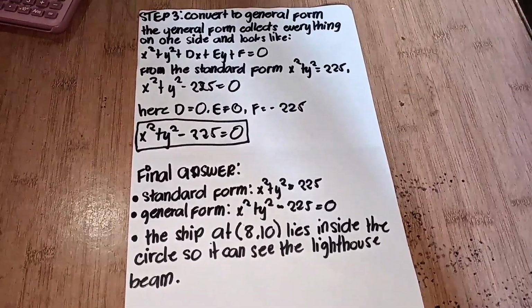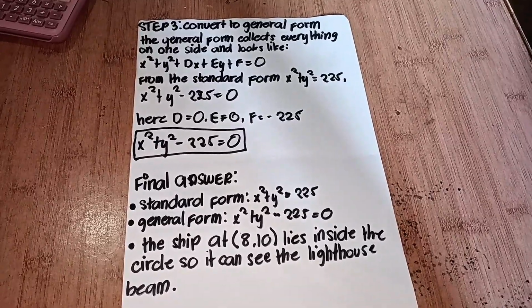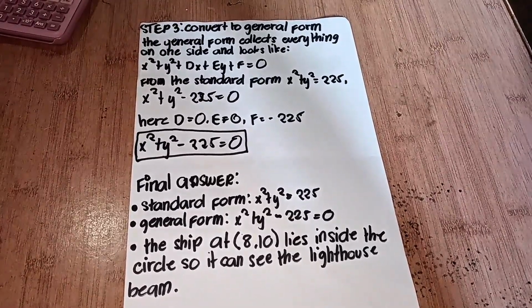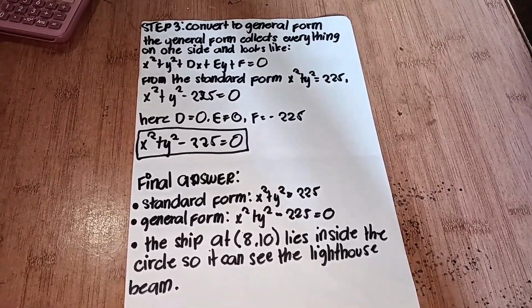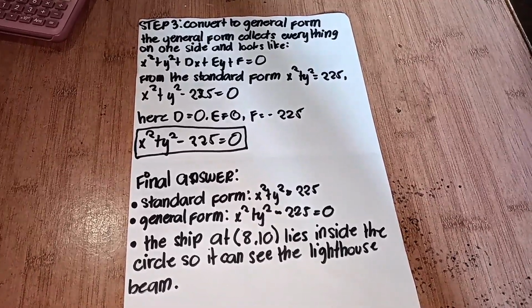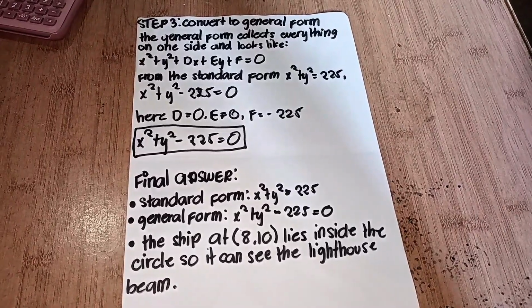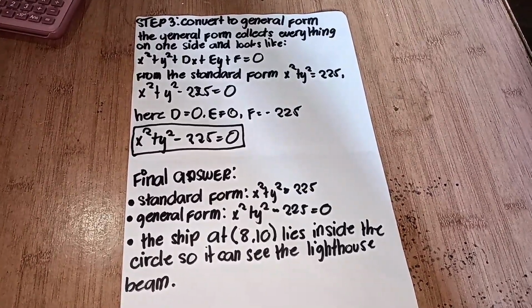Here our d is 0, e is 0, and f is negative 225. So x squared plus y squared minus 225 equals 0.